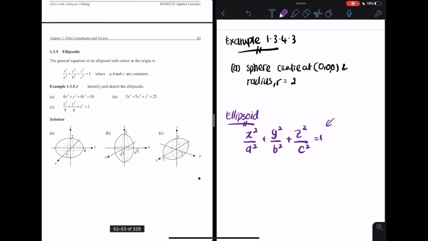For ellipsoids, the radius is different across the axes, so you can see that it will produce an ellipsoid.